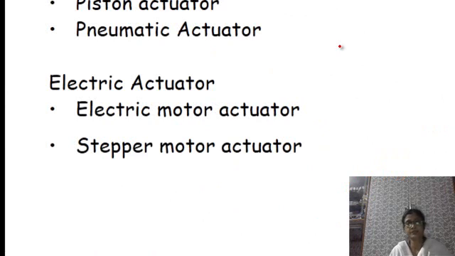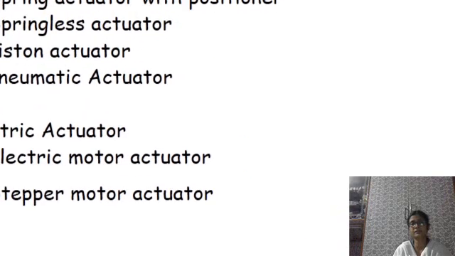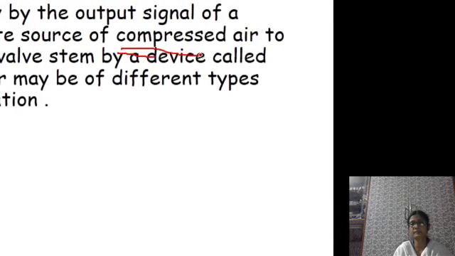So a pneumatic actuator is a device that converts controller output into the motion of the valve stem. The actuator may operate by the output signal of a controller, or may employ a separate source of compressed air, which I mentioned: for a spring type actuator, the restoring force comes from the spring force, or for a springless actuator, a compressed air source may be used for control valve operation.